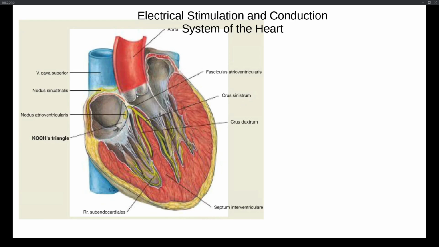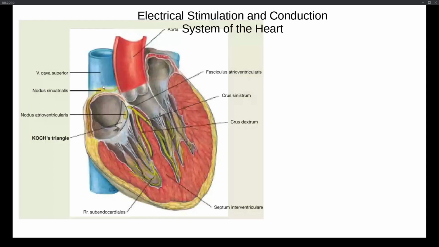You have here the nodus sinoatrialis, which is basically the pacemaker of your heart. Technically your heart does beat on its own without any connection to your brain or any other connection to a special nerve.